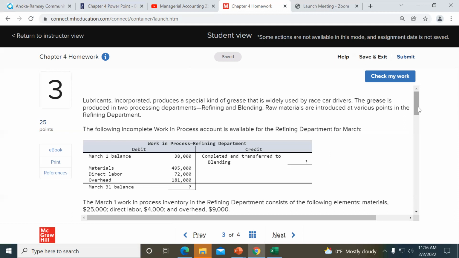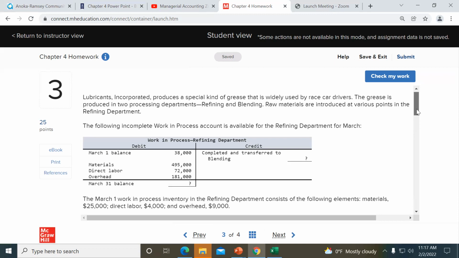The March 1st work in process inventory in the refining department consists of the following elements: materials, 25,000, direct labor, 4,000, and overhead, 9,000. So it's telling us what's making up that 38,000.